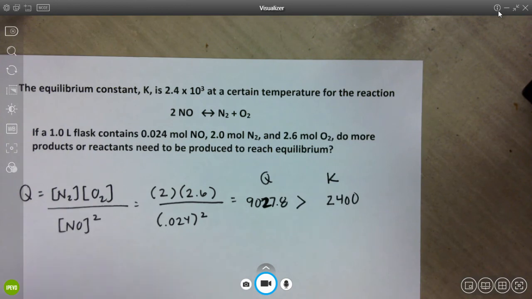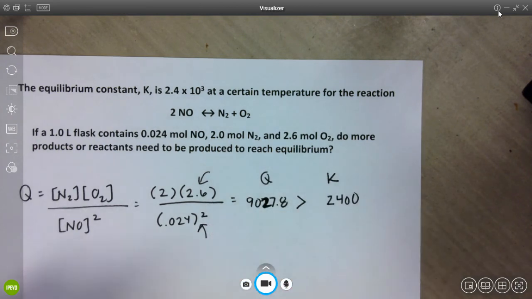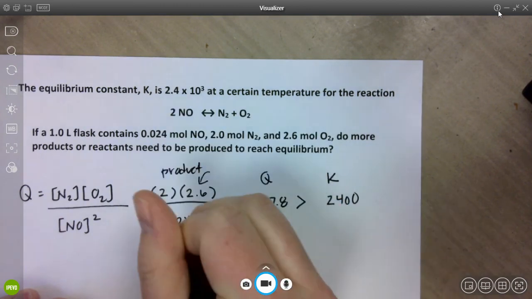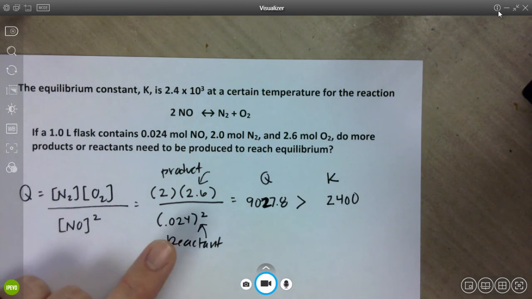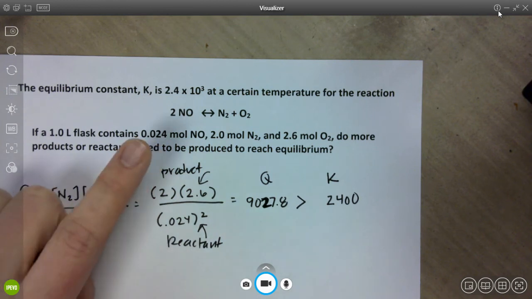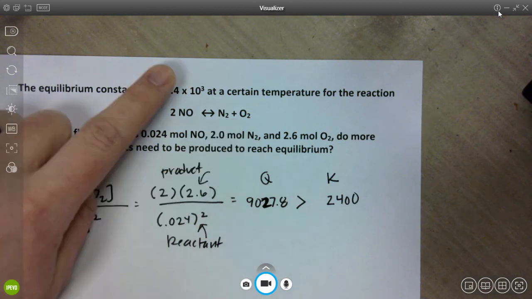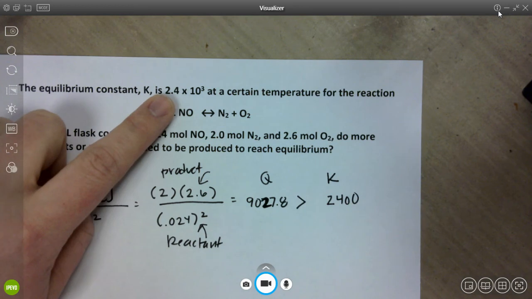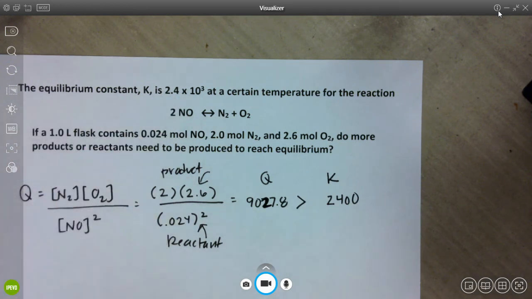What that means mathematically is that I have too much stuff on top and not enough stuff on bottom. Remember, this is product over reactant. So what I need to do is make more reactant and get rid of some product. So this stuff that I have too much of needs to turn back into NO. Even though my equilibrium constant is big, it just means that right now I have too much stuff on my product side.